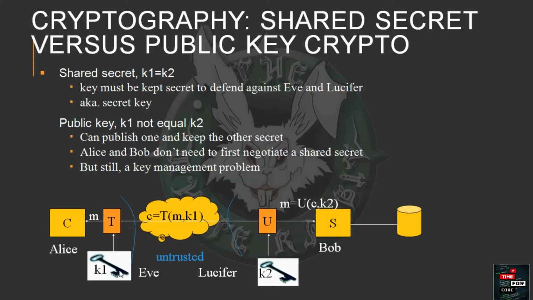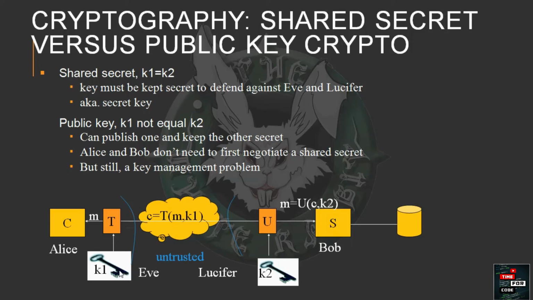So this is very useful in the sense that the key K1 can be published, and Bob doesn't have to spend a lot of time to go arrange shared keys with all the devices that Bob wishes to communicate with, Alice and others. But you still have a key management problem, because how does Alice know, for example, that the key K1 is indeed the public key of Bob?